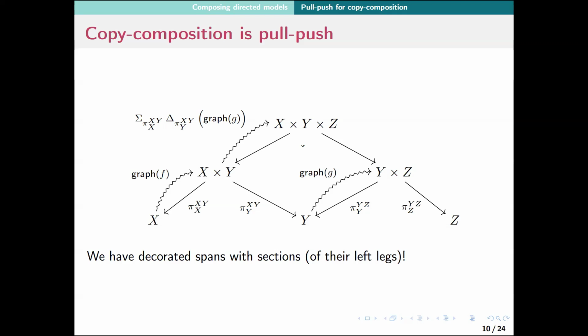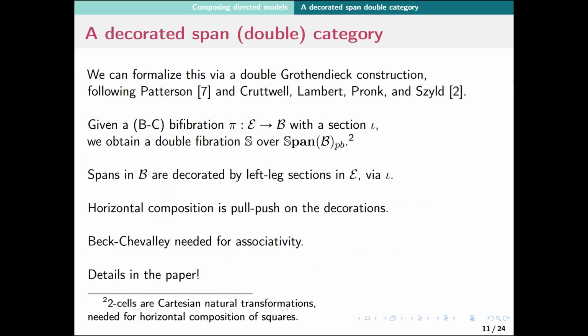And then I can compose these two as kernels, and this gives me a section of this composite thing. I said decorated, and really this is a decorated span construction. So we can use the machinery of decorated spans or decorated cospans.